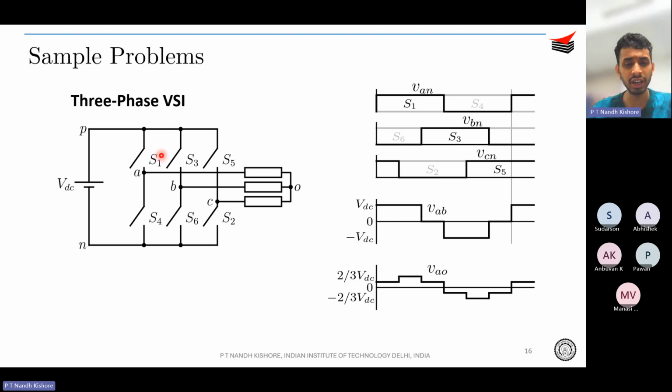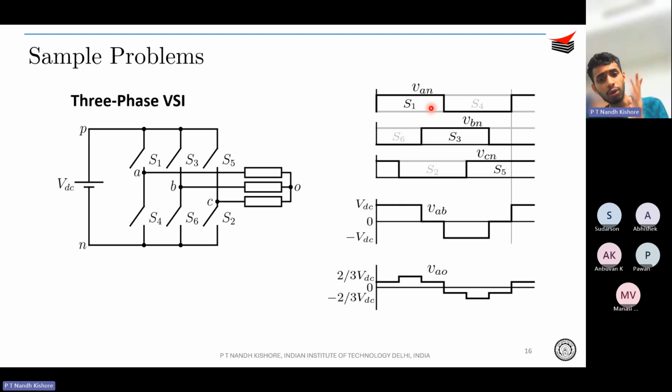Also, you observe that as you change from one state to the next state, for example, S1, S6, S5, then you change to S1, S6, and S2, right? So there is a change only in VCN, that is S5 becomes S2, right? Similarly, in the next, S1, S3, S2, now there is a change in VBN. Okay, next will be S4, S3, S2. Now there is a change in VAN only.